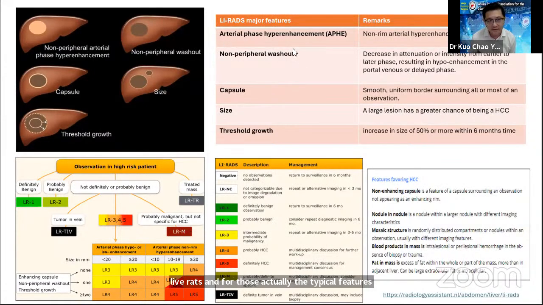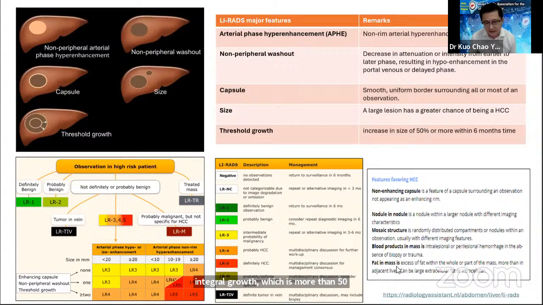There should be an arterial phase enhancement, a non-ring arterial enhancement, and a non-peripheral washout. Presence of a capsule, and the larger the size, the more suggestive of HCC. If there's interval growth of more than 50%, it is more typical for HCC.